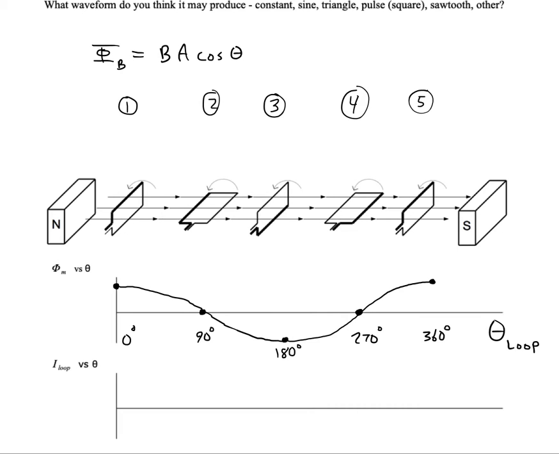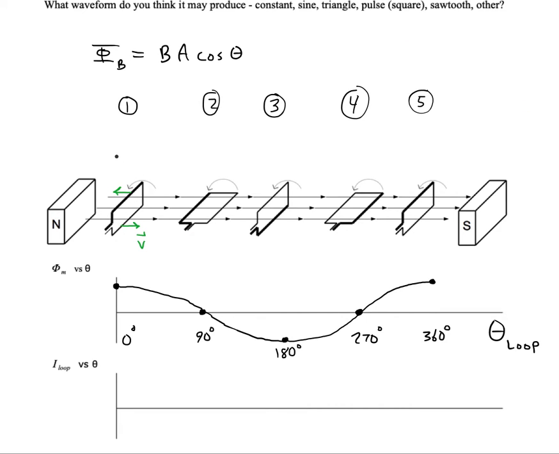Now we should analyze the current in the loop. We see here that our loop is rotating counterclockwise, which means that the velocity of the bars here is going to be parallel and anti-parallel to the field. Okay, so when that happens, we saw in the past that there would be no magnetic force in that situation.